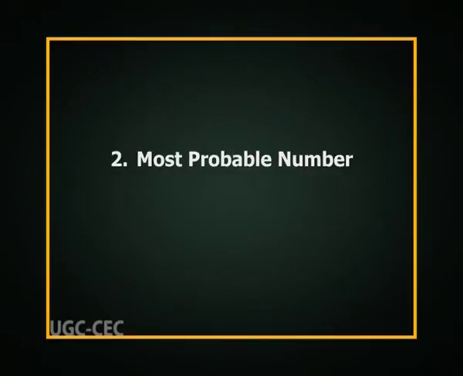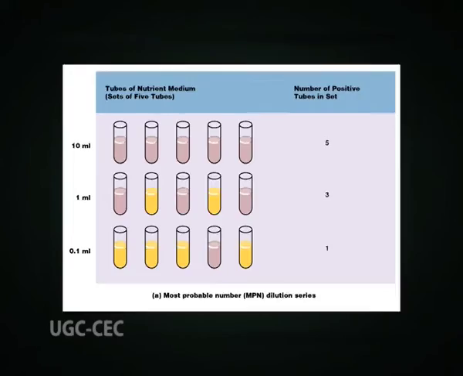The second cultural method is most probable number counts. An alternative method of enumerating low numbers of viable microorganisms is the most probable number method. In this method, dilutions of food samples are prepared as for the SPC.